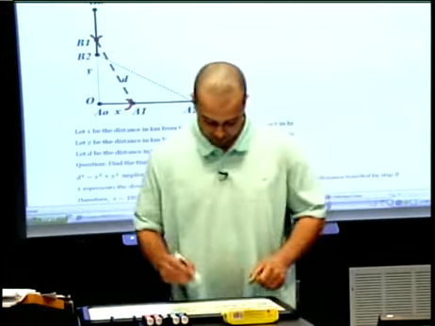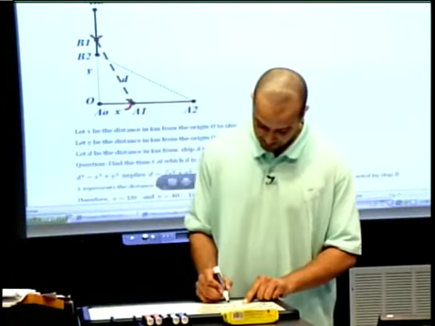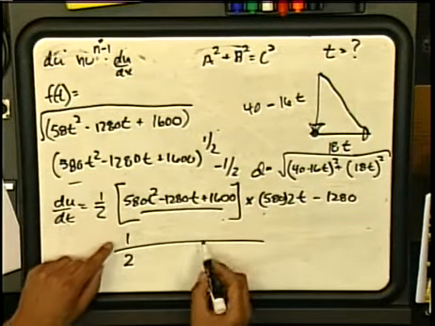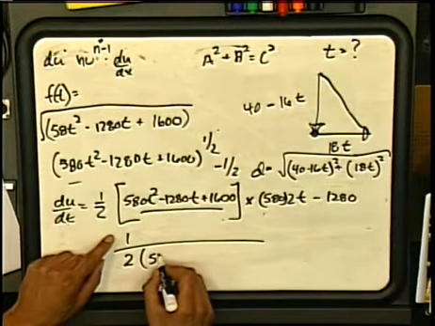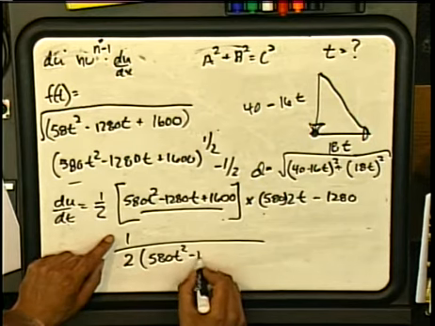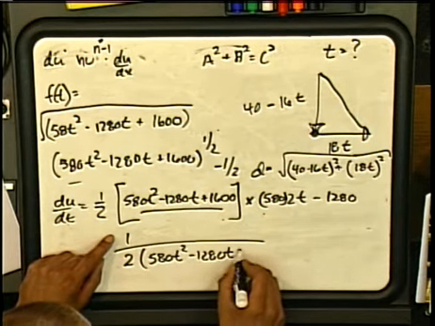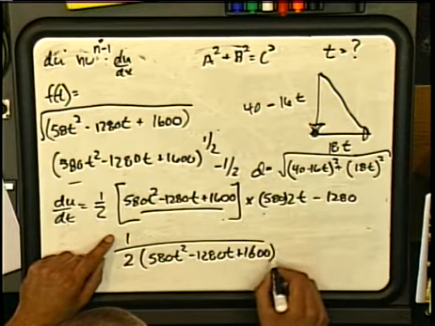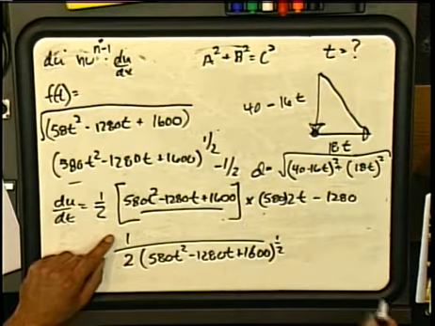Oh, because it's negative 1/2, you can put it on the bottom, right? Yeah, all this is to the negative 1/2, so all that can go on the bottom. That's 1600 to the 1/2 on the bottom.